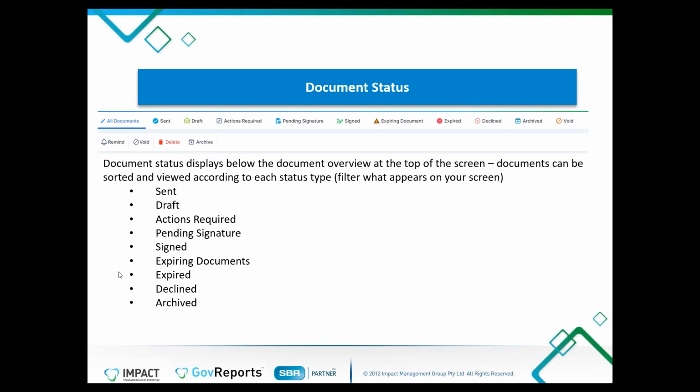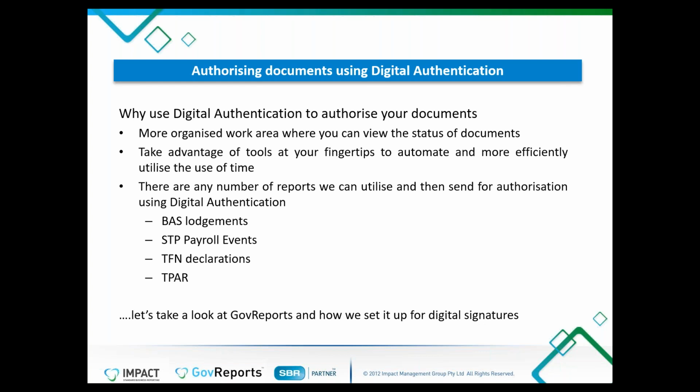So why would we use digital authentication to authorize our documents? It allows a more organized work area where you can view the status of your documents. You can take advantage of the tools at your fingertips to automate and more efficiently utilize your time.